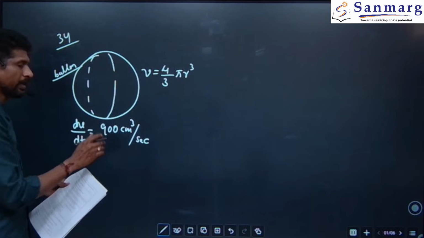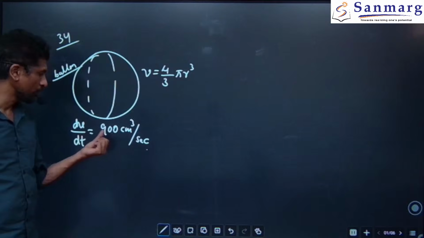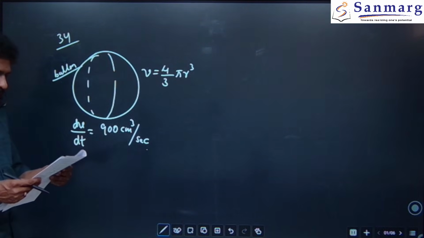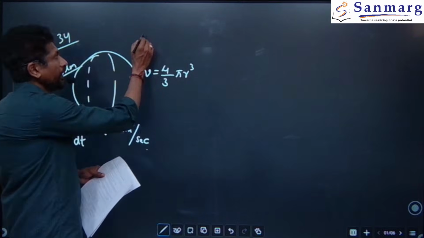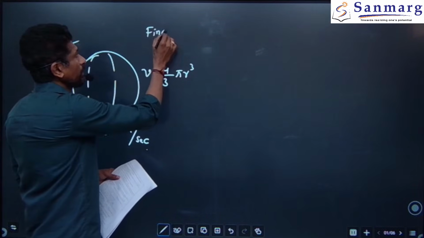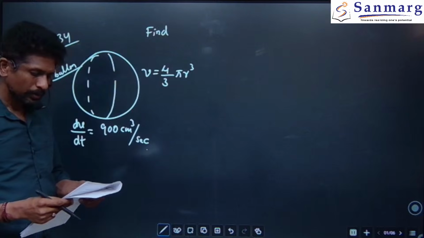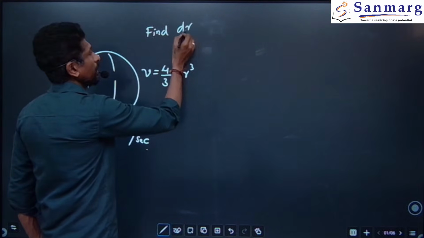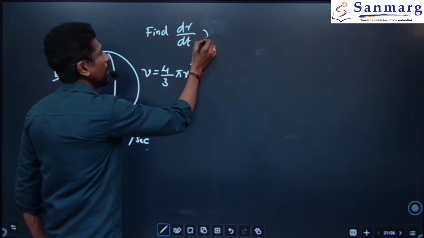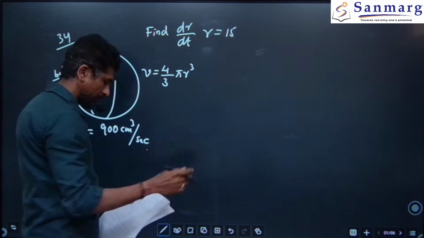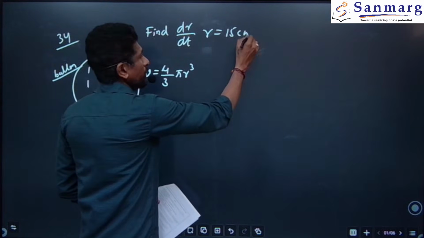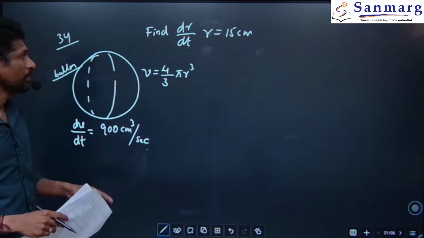With respect to time they are given, means you have to write it as dv by dt now, and they are asking to find the rate at which the radius of the balloon increases, means you have to find out the dr by dt now, when the r is 15 centimeter.